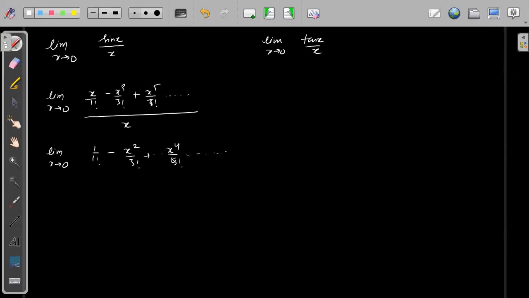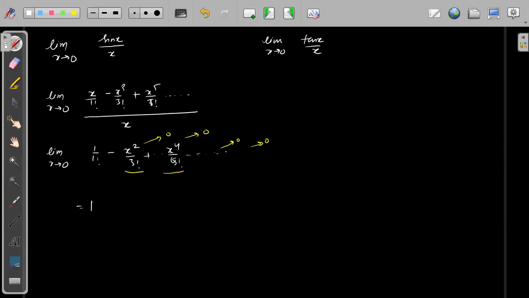As limit x tends to 0, all these other terms will individually tend to 0. And the approximate value of this one we will get equal to 1.